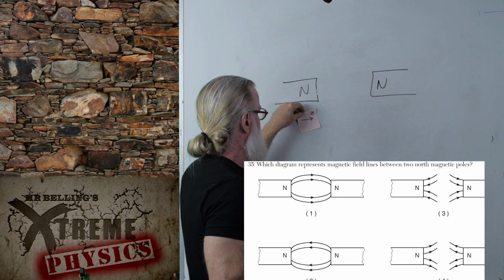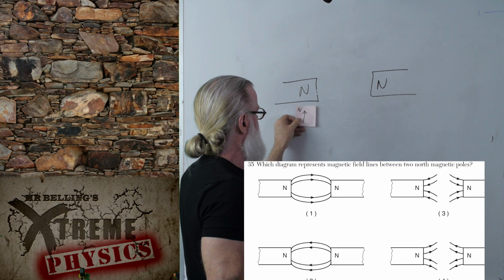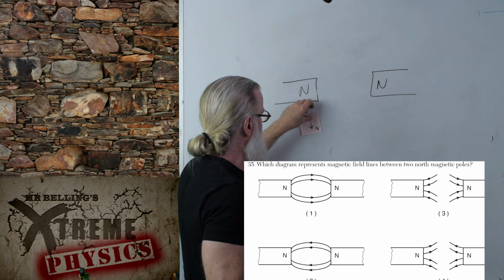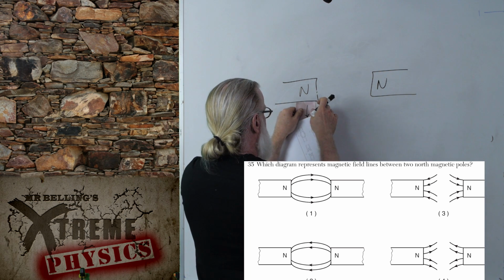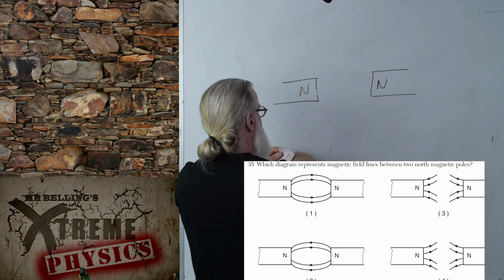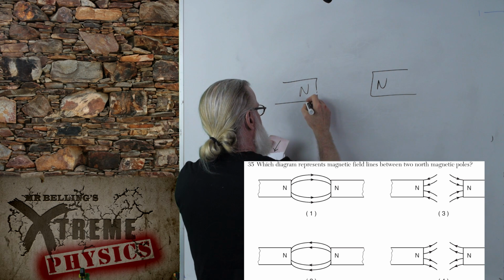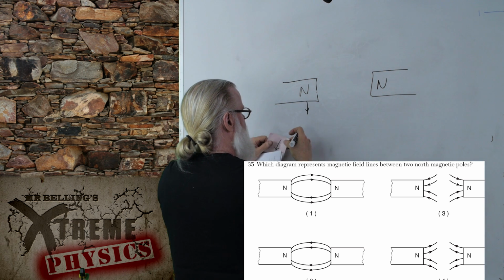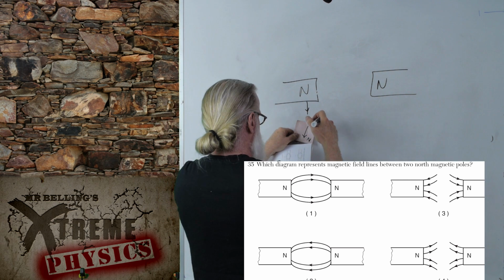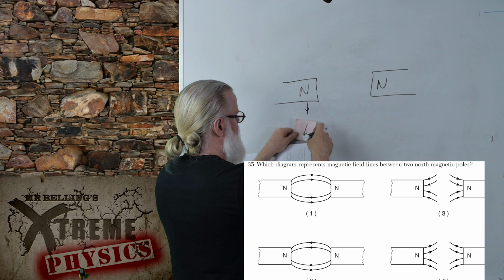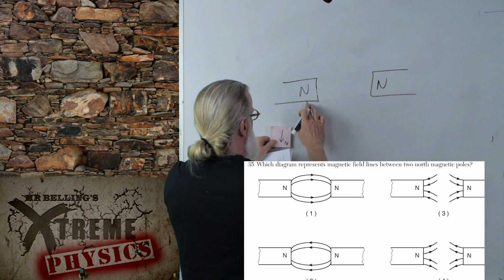But if I put it here, is it going to track to north? No way. It's going to want to go away from here. So if I put it here, it's going to start going out like that, and then it's going to see that one. So it's repelled by that one.